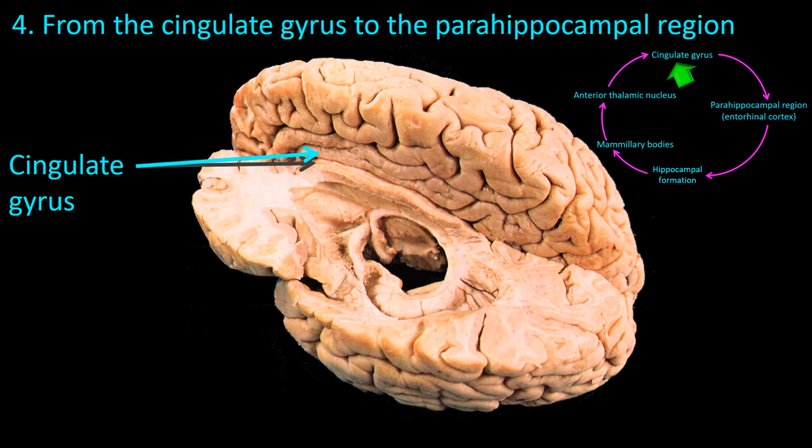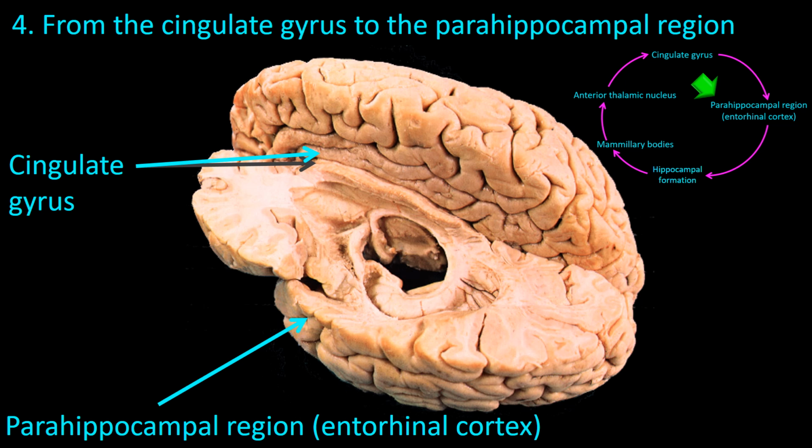Here I am indicating the cingulate gyrus, and now the parahippocampal region, especially the area of the entorhinal cortex. This connection is established by the cingulum.